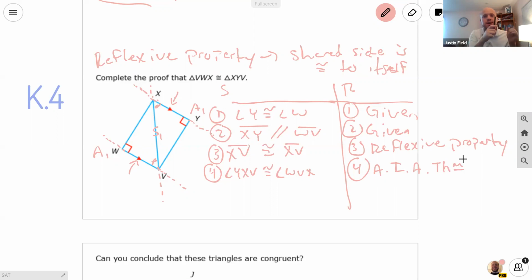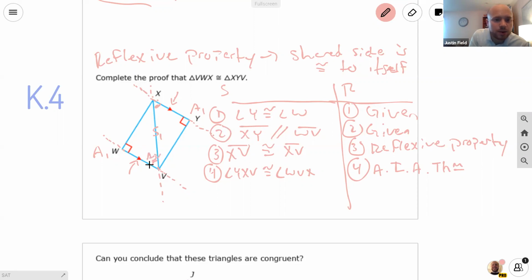It says if two lines are parallel, cut by a transversal, then the alternate interior angles are congruent. There's also the corresponding angle theorem, the alternate exterior angle theorem. And if you need supplementary angles, the same side interior and the same side exterior. Okay, lots of good stuff. And guess what? Now we got everything we need.